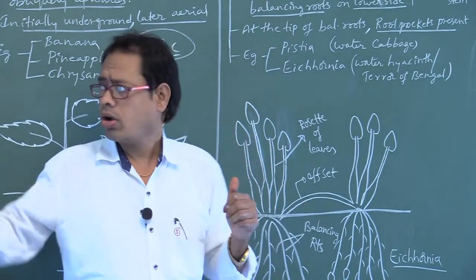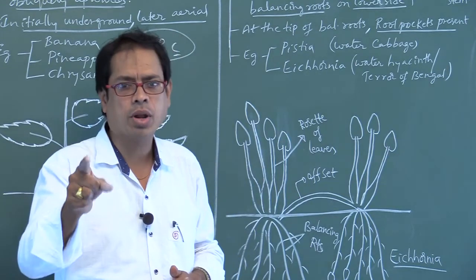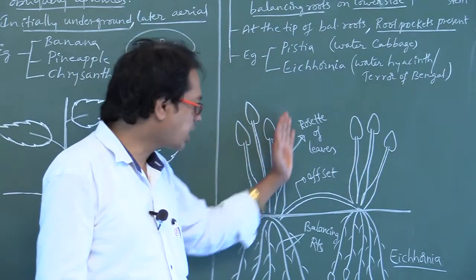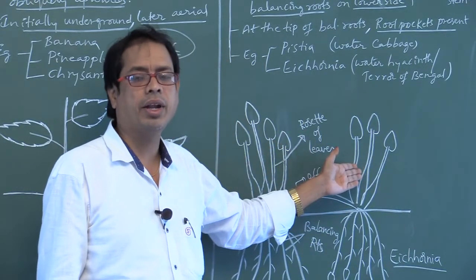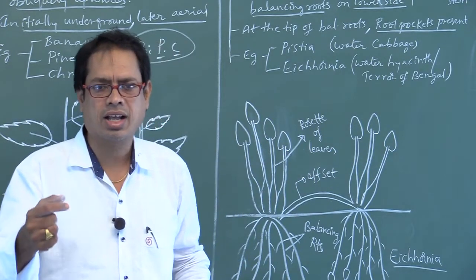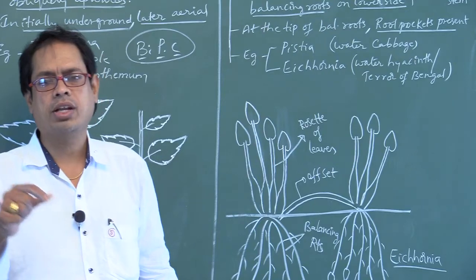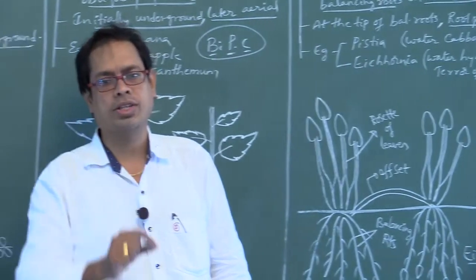Okay, are all these subaerial stem modifications useful for vegetative propagation? Yes. When cut from the mother plant, they can lead an independent life. So runner, stolon, sucker, offset, all subaerial stem modifications are useful for vegetative propagation.